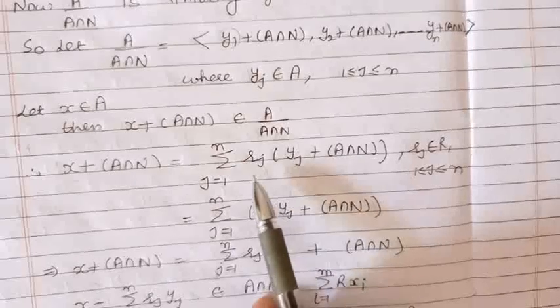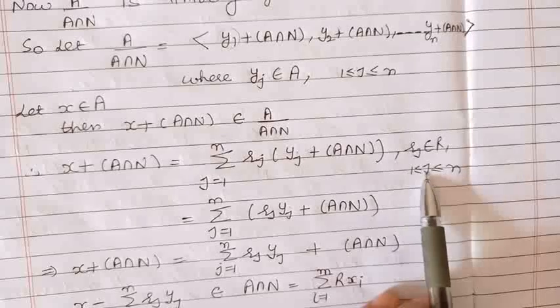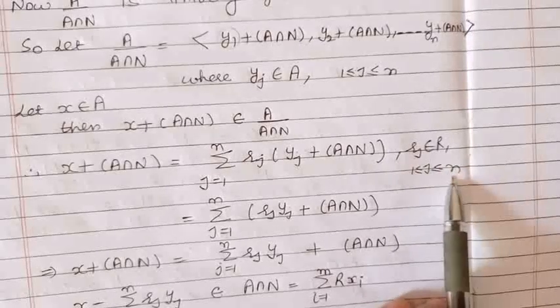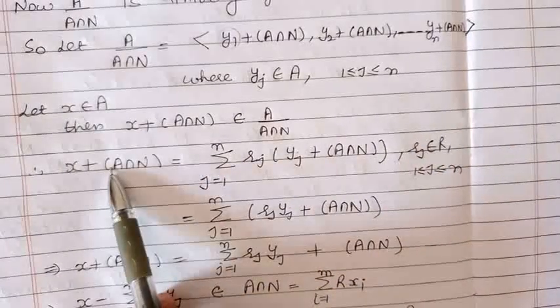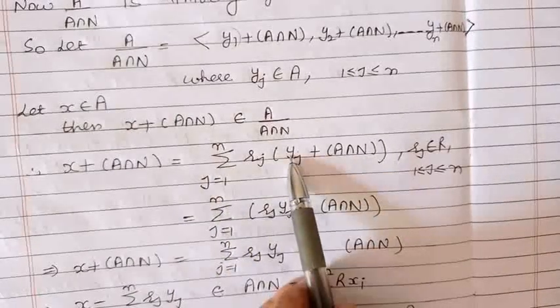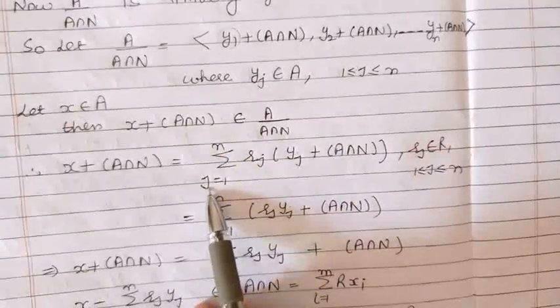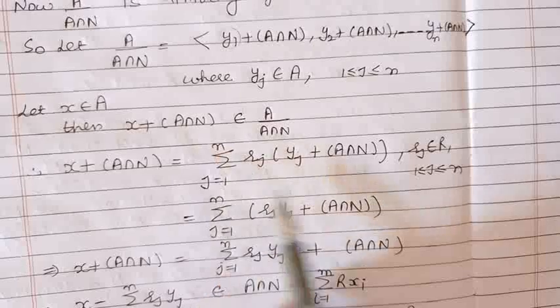So by taking the coefficients rj from the ring R, where j varies from 1 to n, this element can be written as summation rj into the elements yj plus A intersection N, where j varies from 1 to n.